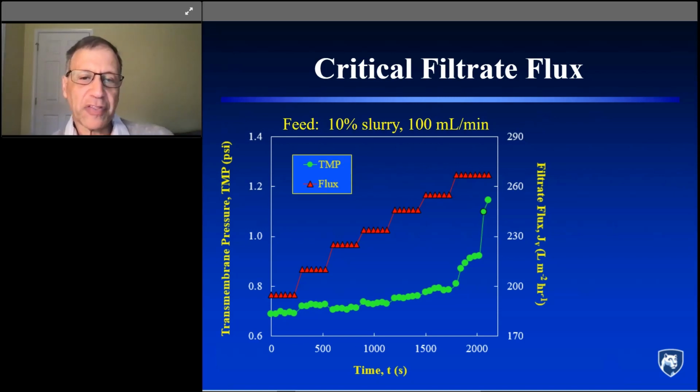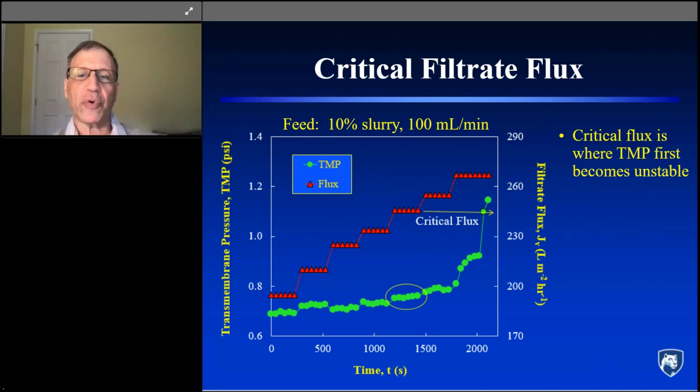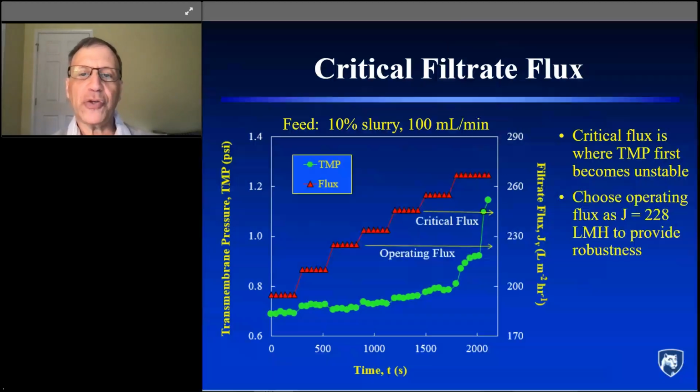At low values of the flux, the pressure remains quite stable. But as we increase the flux, we eventually get to a point where the pressure first becomes unstable. And this is what we define as the critical flux.